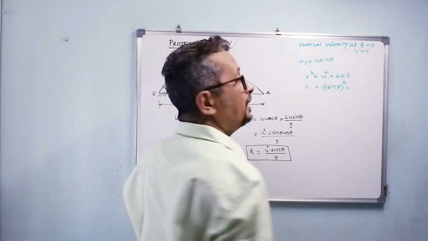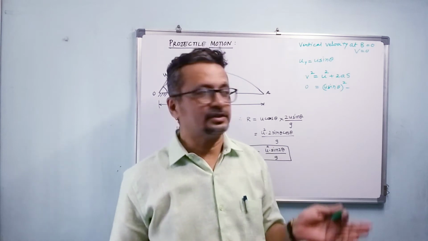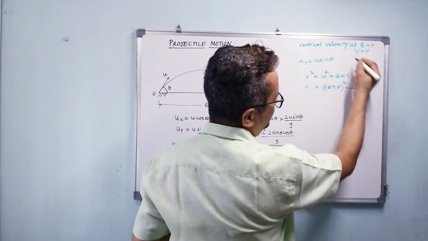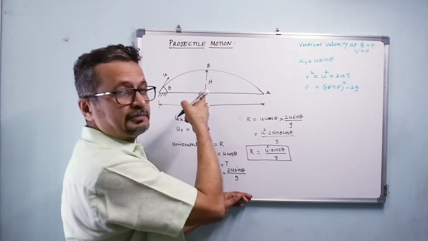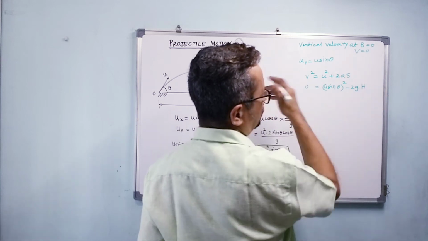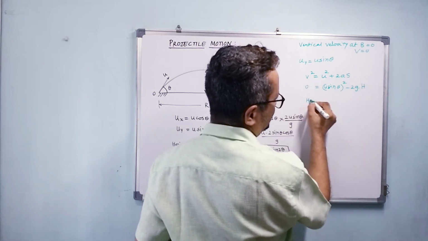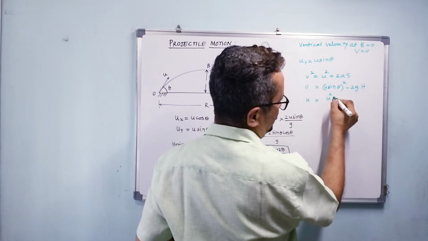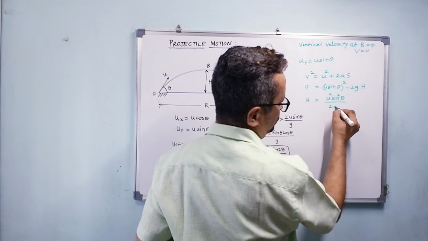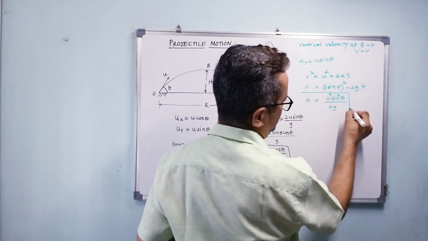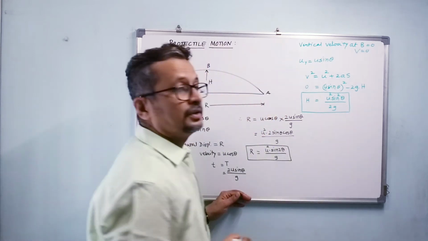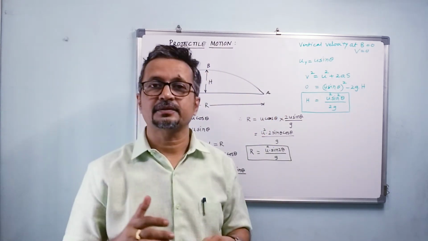Now here g is acting vertically downwards, so let us put it as minus 2g here, and your vertical displacement over here is h, correct? So if I take this on that side, my h is equal to u square sin square theta upon 2g. This is the expression for your maximum height, right?